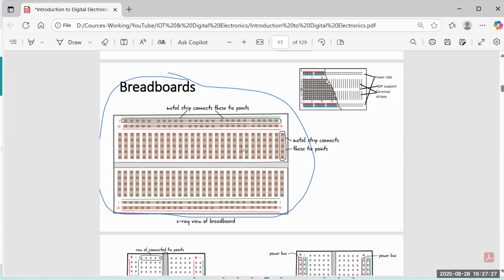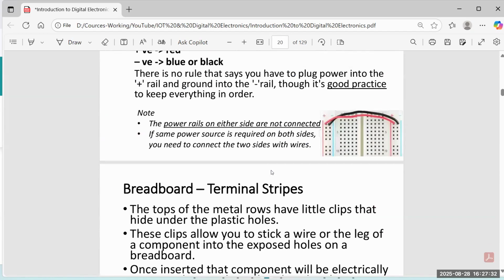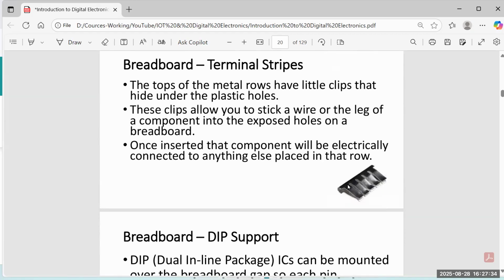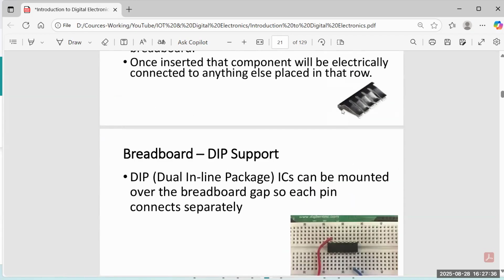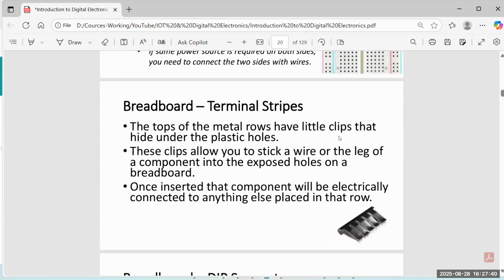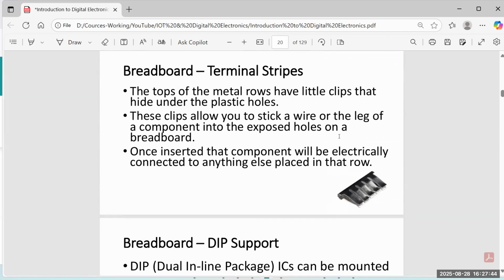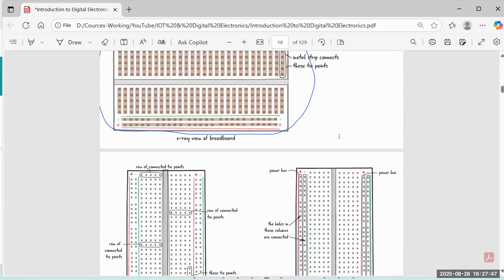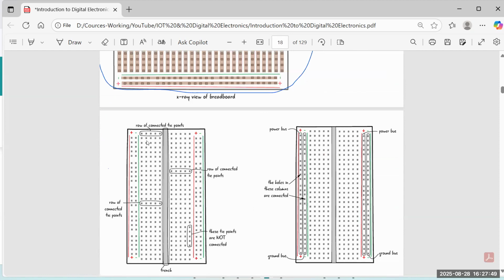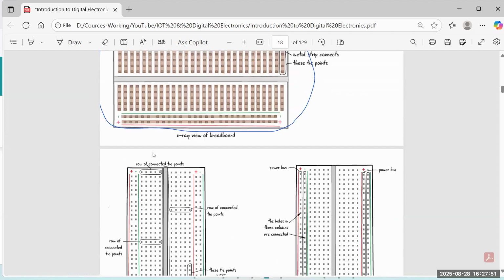When you fix them, they tie up. Why does it tie up? Because it is something like this, and something like this. So when you fix it, it stays attached until you take it out. So it's very easy. You just need to put it into these holes rather than soldering.